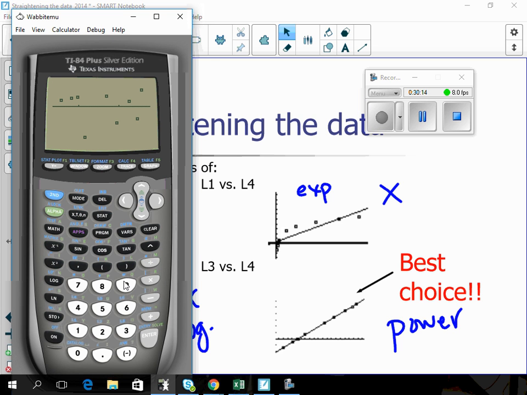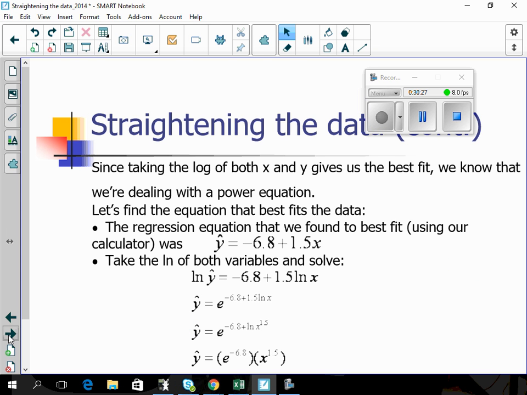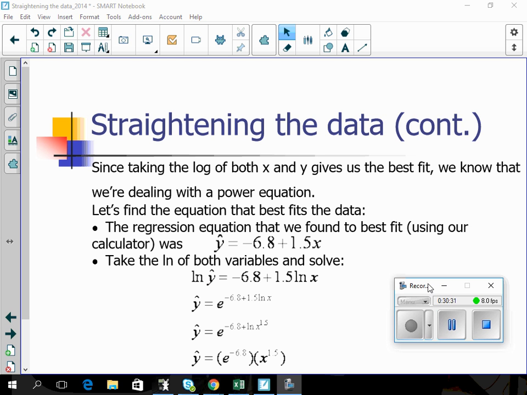Maybe not, but it's definitely better than it was before, would you agree? And the correlation got much stronger. So what does that tell us? Since we're taking the log of both x and y, we know that we're dealing with the power equation.